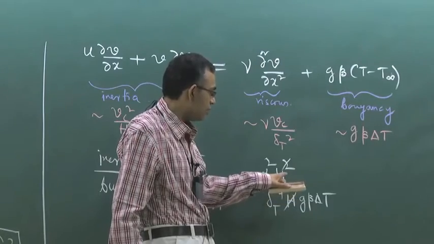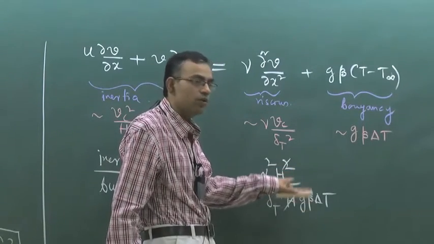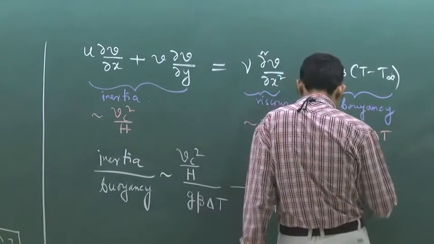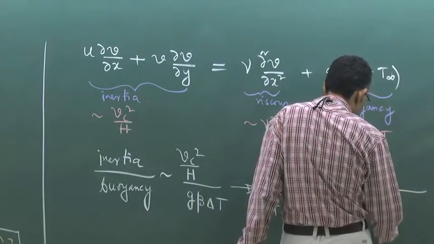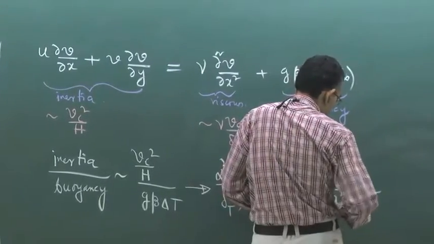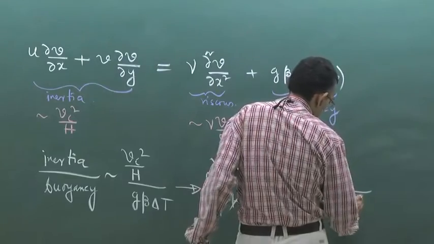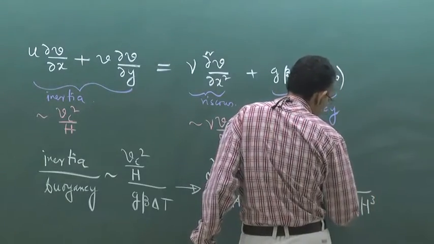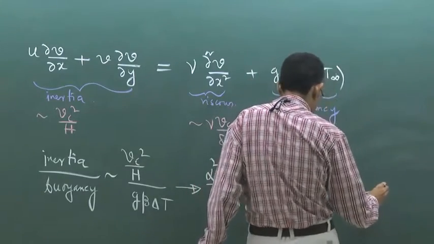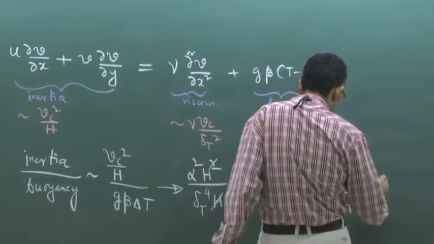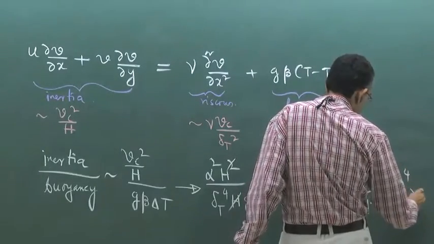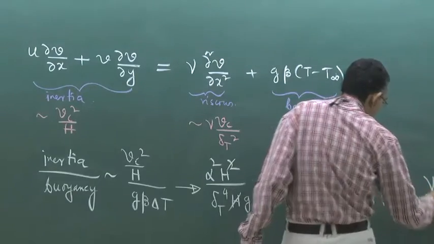So for that you have to multiply both numerator and denominator by h cube. So this becomes g beta delta t h cube by nu alpha into h by delta t to the power 4 into nu by alpha.